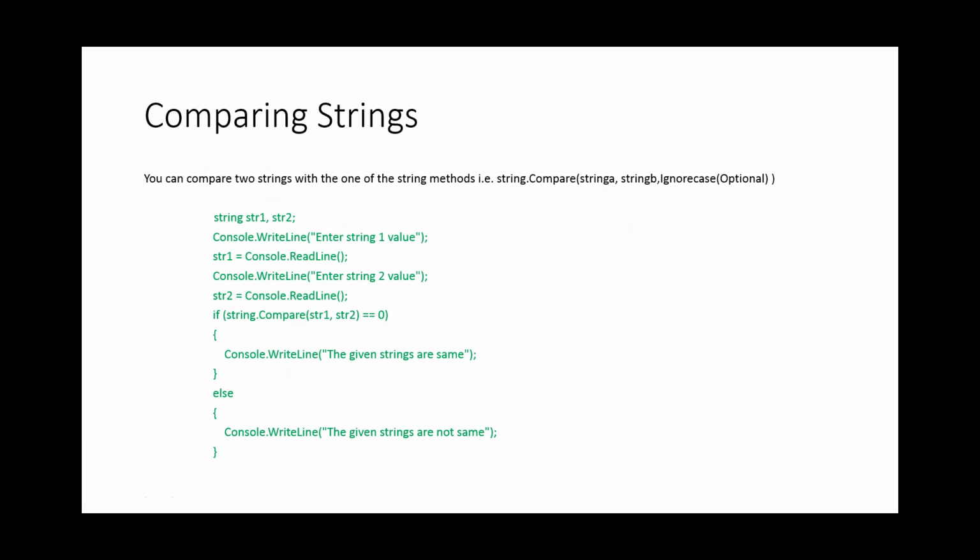And ignore case means, if you give a name like Ram, one in capital and another in small letters, and you want to compare both without case, you can pass that parameter true, or you can pass false. But this parameter is not mandatory. If you want to use it, you can.